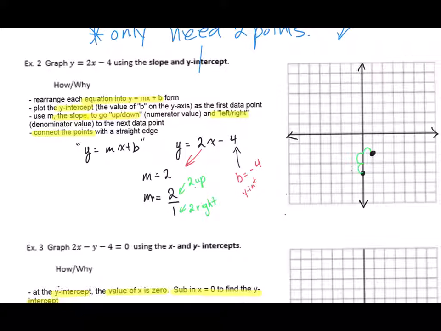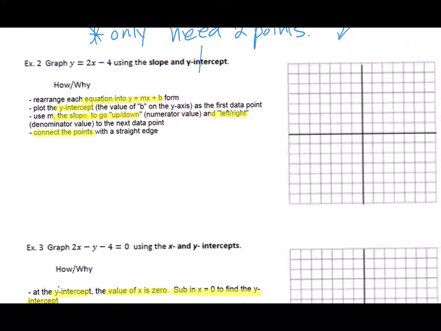And so now when we graph, we end up with something that looks a lot like this. When you have finished your graph, I want you to write your equation for your graph on this chart so I know what you're looking at. Make sure you also label your x-axis and your y-axis on your graph.